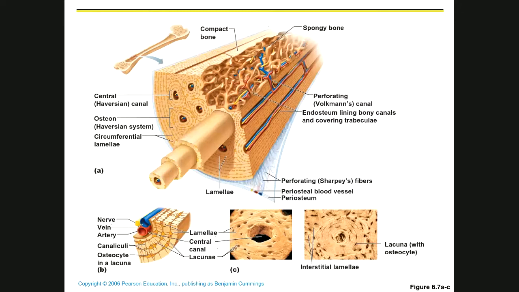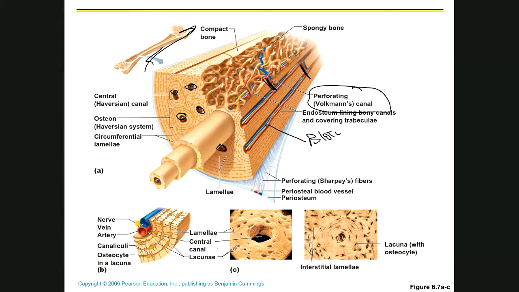So if you look at it while it's alive, what we're going to see are lots of blood vessels, because every single canal has blood vessels in it and nerves. Remember, they're running up and down the length of the bone, but there are also these that run across that connect the central canals. Those are perforating canals.